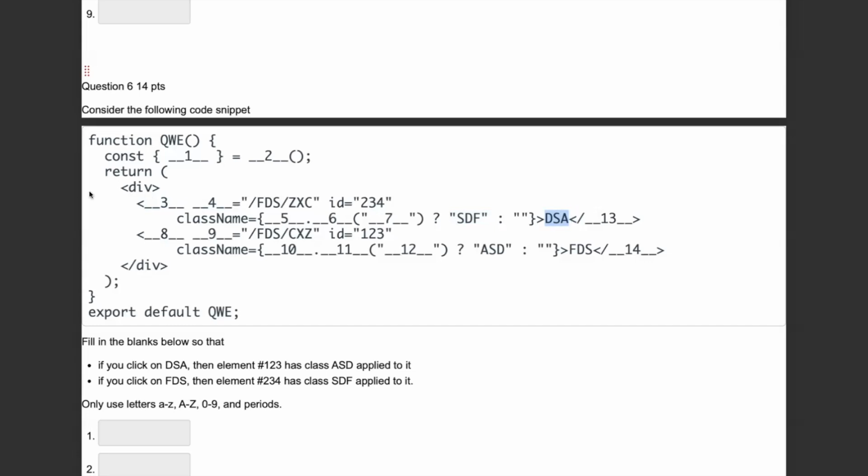Right? If this were a link and this were a path, if I click on DSA, what would happen? The URL would append hash FDS ZXC. Make sense? No, well, there would have to be some route. Correct.